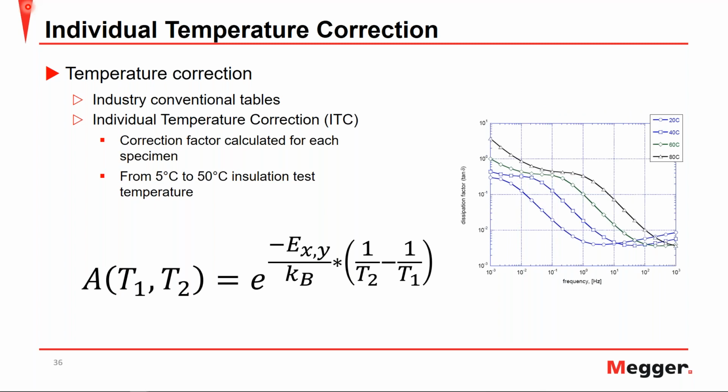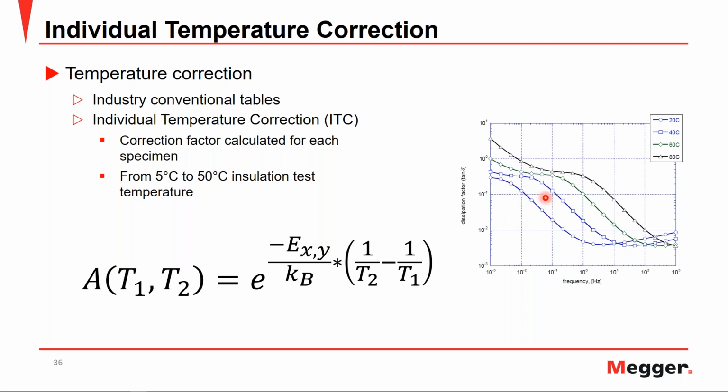Individual temperature correction, or ITC, allows for accurate temperature correction between the ambient temperature range of 5 degrees C and 50 degrees C. The way it works is based on the Arrhenius equation, but we can look at it graphically here. Basically, the shape of the dielectric response does not change very drastically with temperature, but you can see a shift in the frequency.